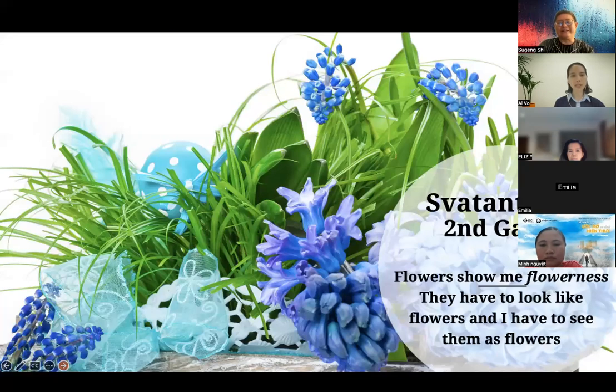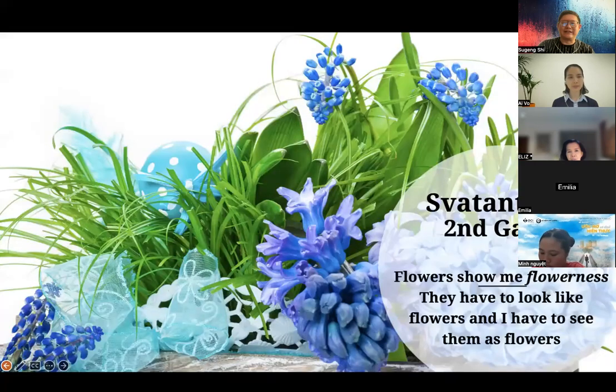We have another second Gakcha based on Svatantrika. Flowers show me flowerness. They have to look like flowers, and I have to see them as flowers. Basically 50-50: they have to appear like flowers, 50%, and I have to see them as flowers, another 50%.